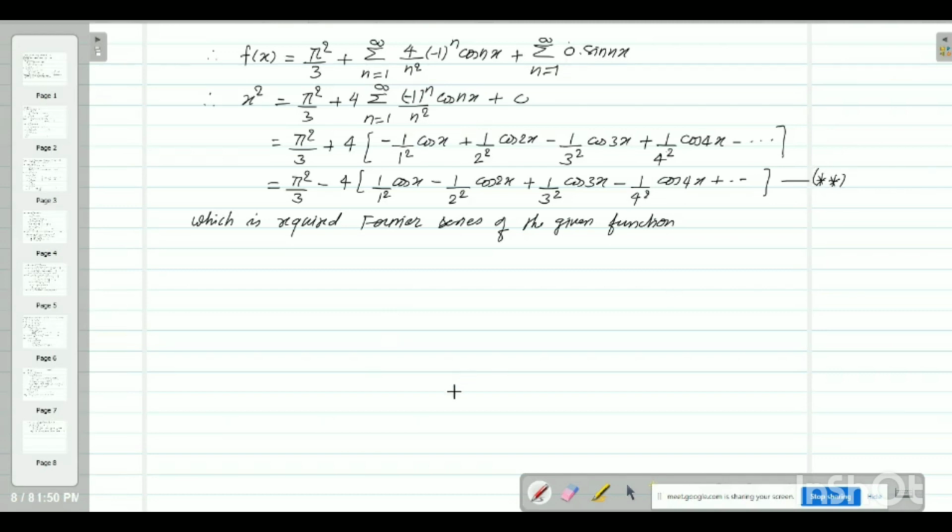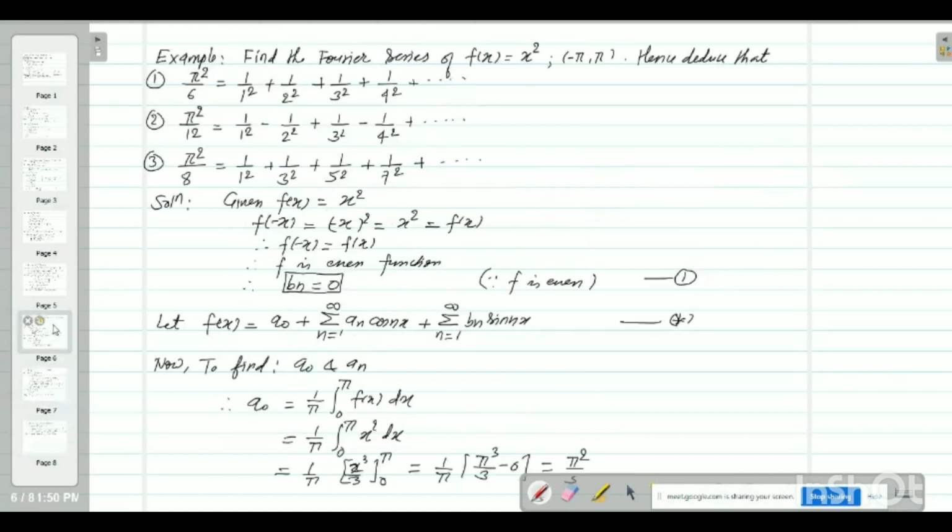Now our job is to deduce each term, to deduce in each case, 1, 2, 3. Can you deduce this? For the first case, if I put x equal to pi in equation number double star, then you will deduce the first case.